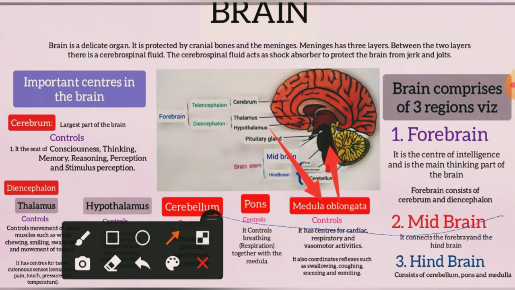Medulla oblongata has centers for cardiac, respiratory, and vasomotor activities. Cardiac means the action of the heart, respiratory means the action of the lungs to exchange gases, and vasomotor means the action of the blood vessels, like the arteries and veins. The medulla oblongata also coordinates reflexes like swallowing, coughing, sneezing, and vomiting.